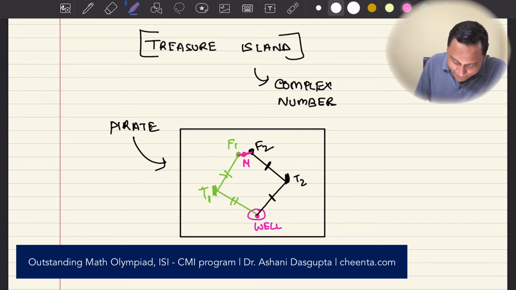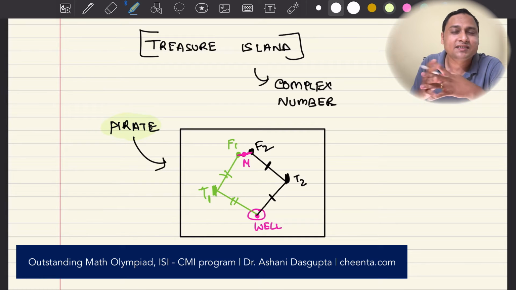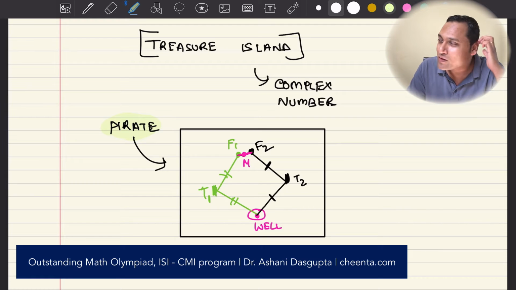Okay, so what happened is that the pirate buried the treasure and he went back to his hometown. And now he's old, several years have passed, and he's old and he wants to get the treasure back for his children. So he explains the process to his son.